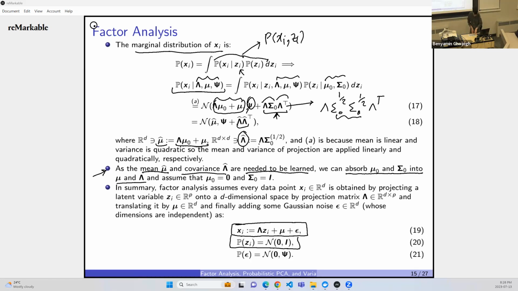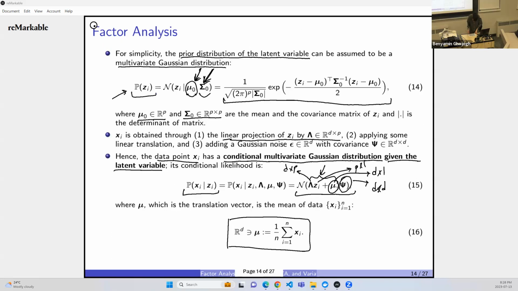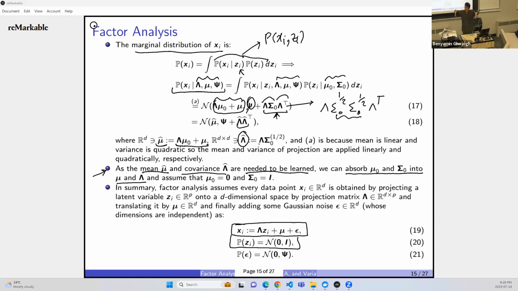Do you agree? So I have mu0 and sigma 0. I also have mu, the mean of data, and sigma, the covariance of data. When I have one unknown variable times another unknown variable, I can see this multiplication as a third unknown optimization variable. Therefore, let's absorb it and ignore that.